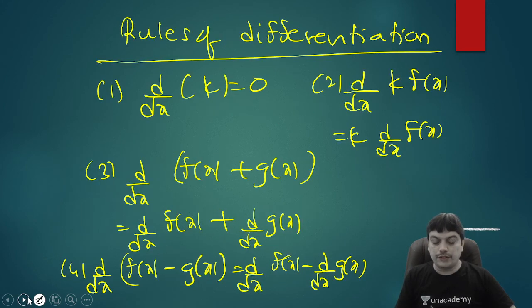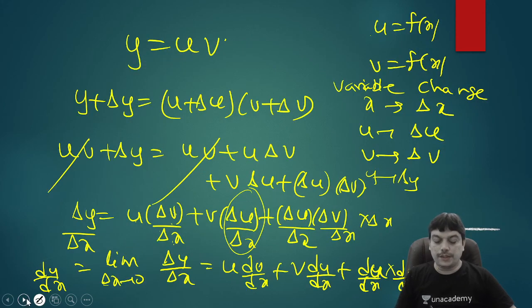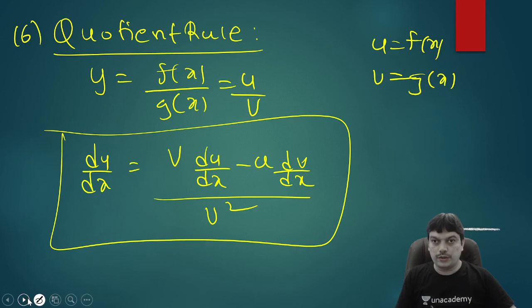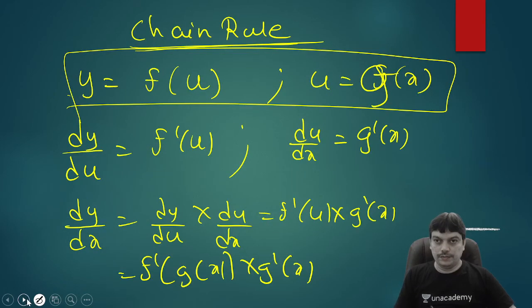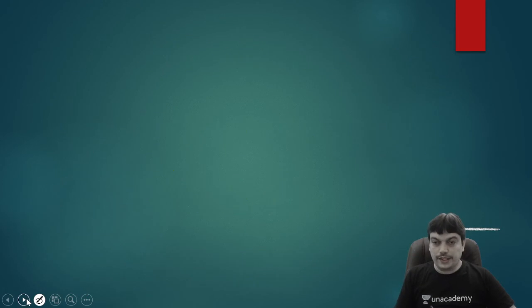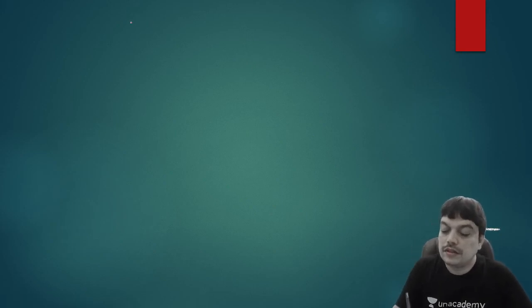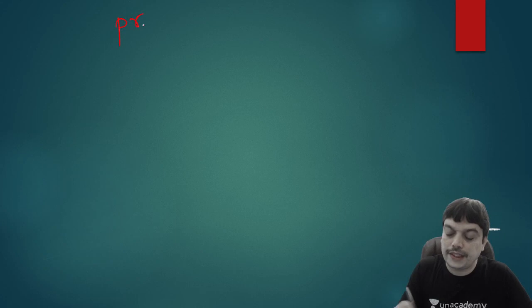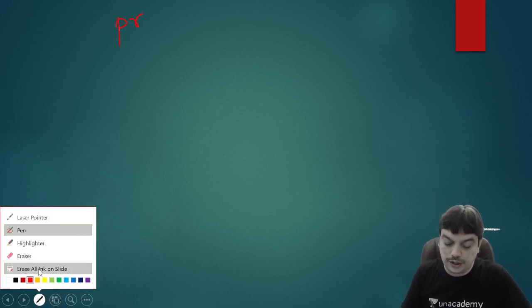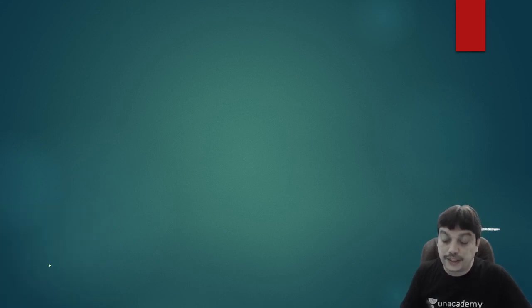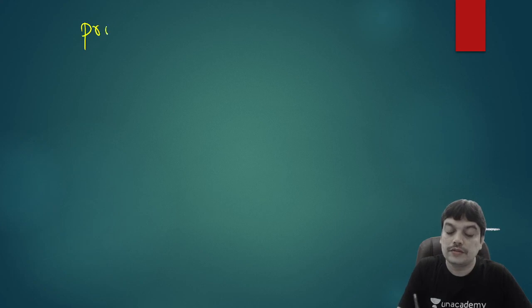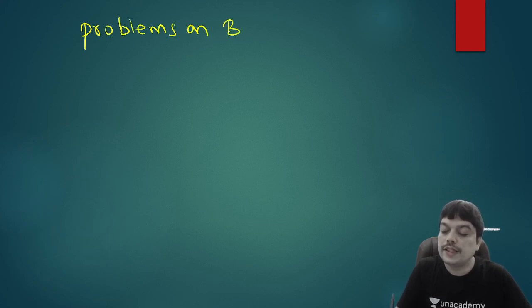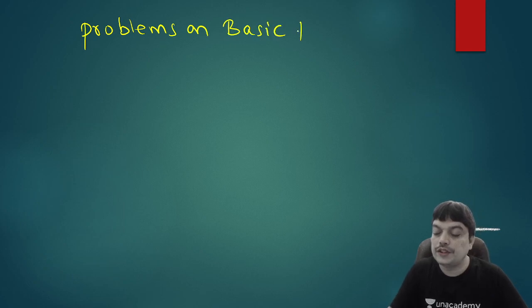Also, we did rules of differentiation, including the product rule, quotient rule, and the chain rule. So let us do a few problems on this. Problems on basic formulae. We are going to do problems on basic differentiation formulae and basic rules of differentiation.